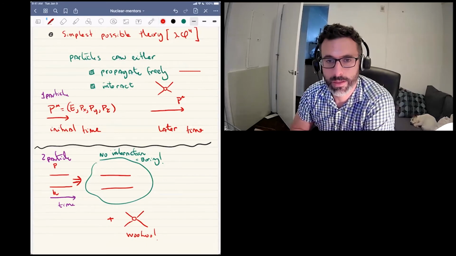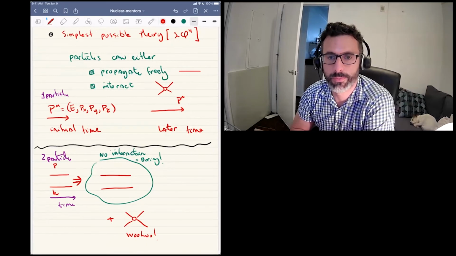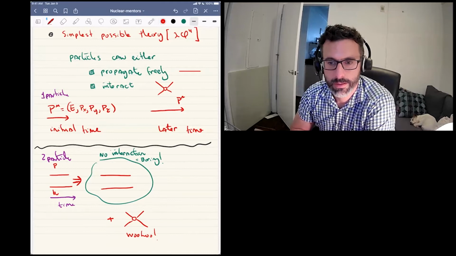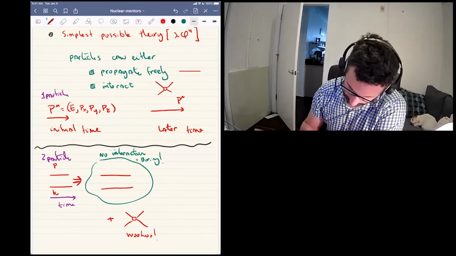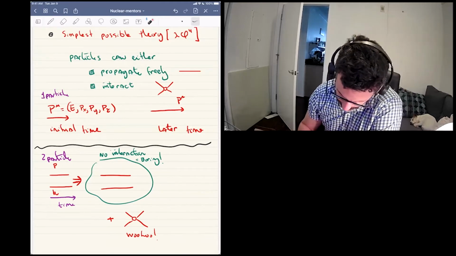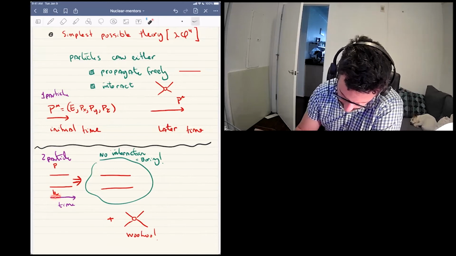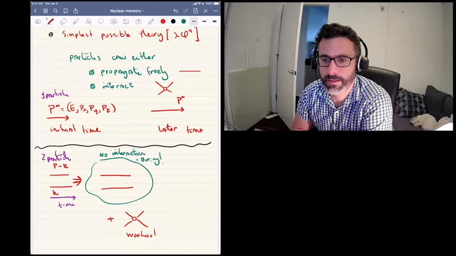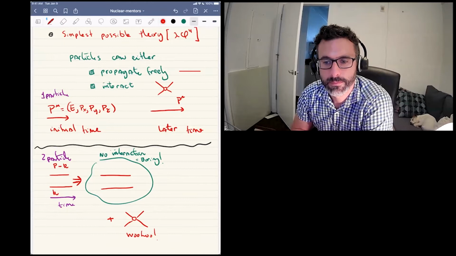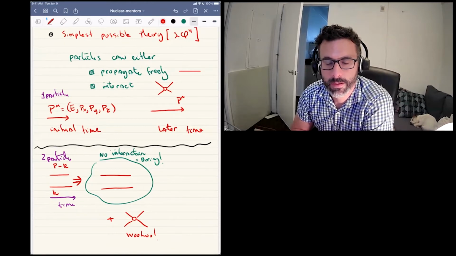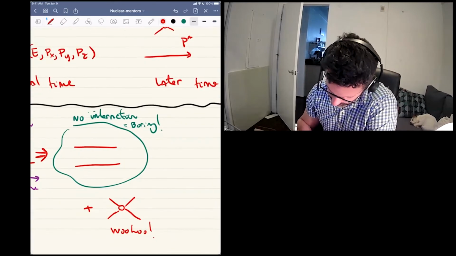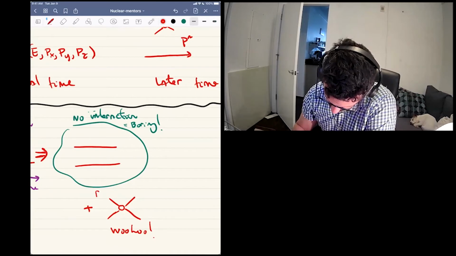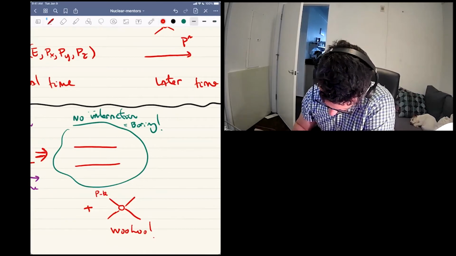So what I'm going to do is change my notation a little bit to make it super obvious. I'm going to say that some particle is carrying momentum k, and I'm going to make this one not carry p, but in fact carry p minus k. So this is p minus k over here, and this is k.